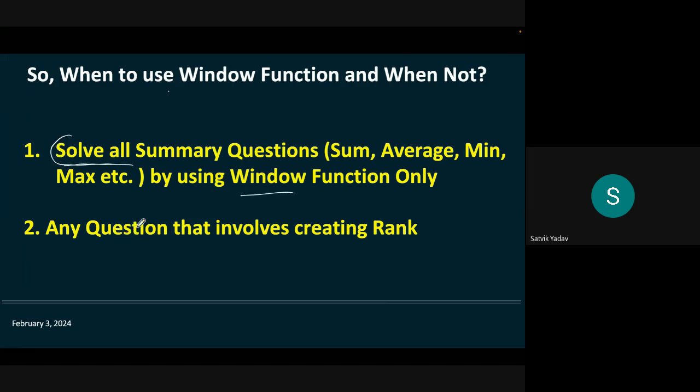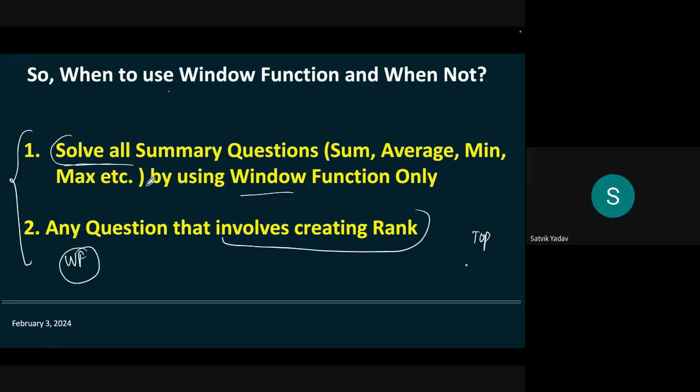For any question, just think, does that question involve rank? Let's say it's asking for top 2, bottom 5, all of these are rank only, right? You have to get some ranking based information. So these two sets of questions you can solve using window functions.